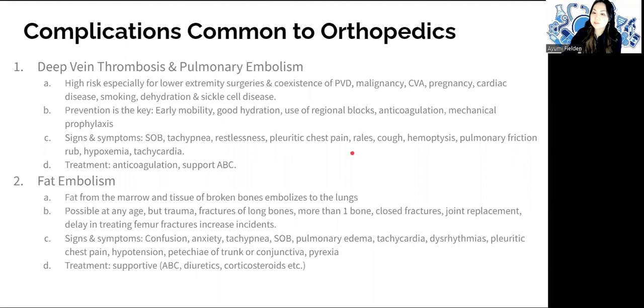The signs and symptoms of fat embolism include confusion, anxiety, tachypnea, shortness of breath, pulmonary edema, tachycardia, dysrhythmias, and chest pain, hypotension, petechiae of trunk or conjunctiva, and you might see pyrexia.